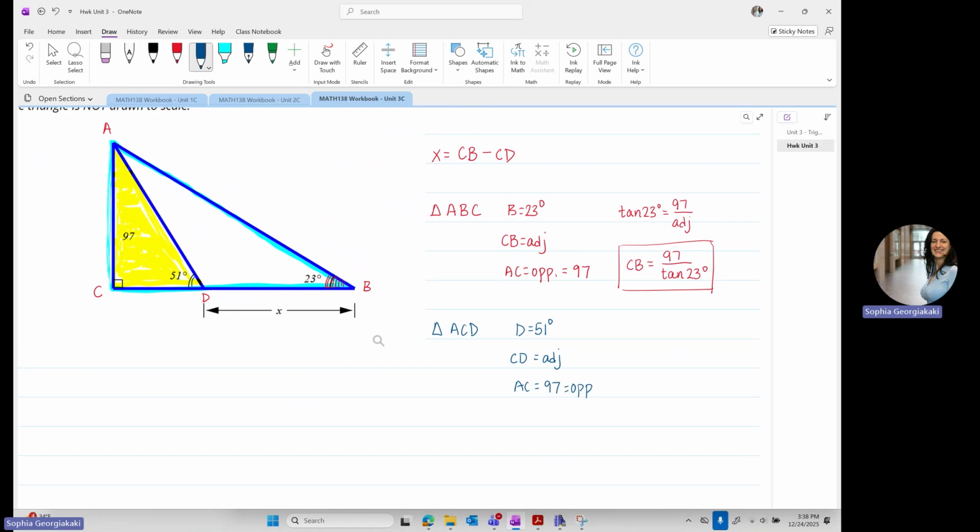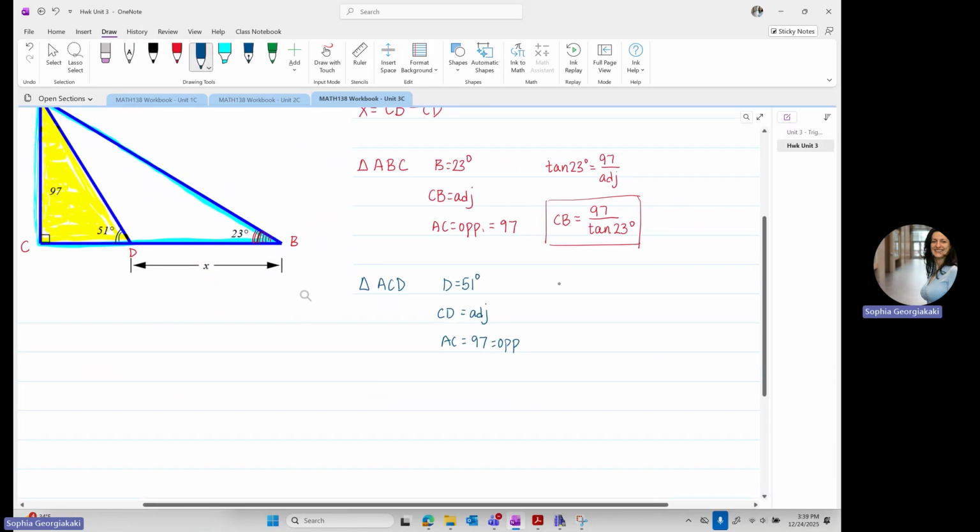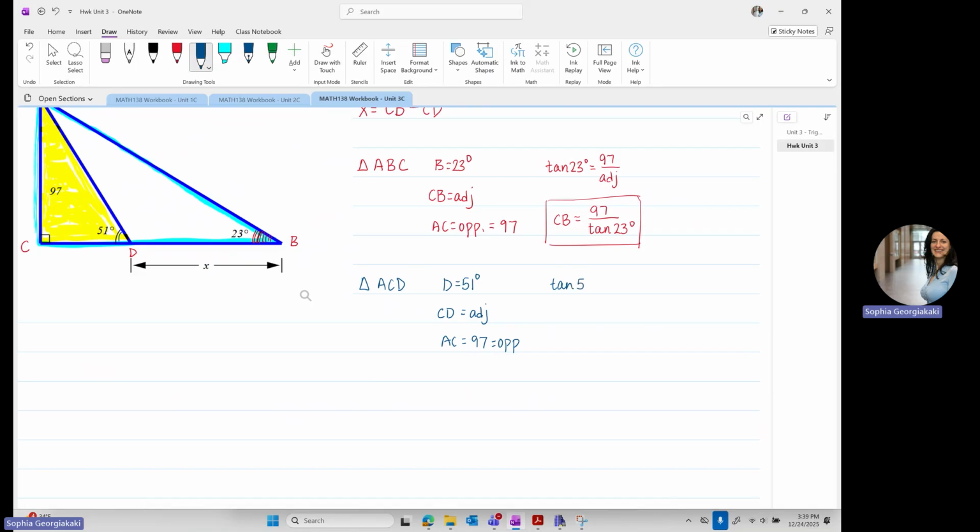And again, I'm going to use the tangent here to solve for the adjacent. So the tangent of 51 degrees will be the opposite, 97 over the adjacent CD. I'm going to multiply by CD and divide by the tangent of 51. CD will equal 97 divided by the tangent of 51 degrees.